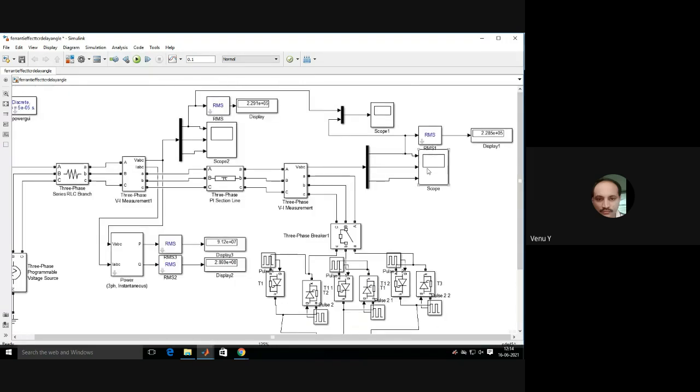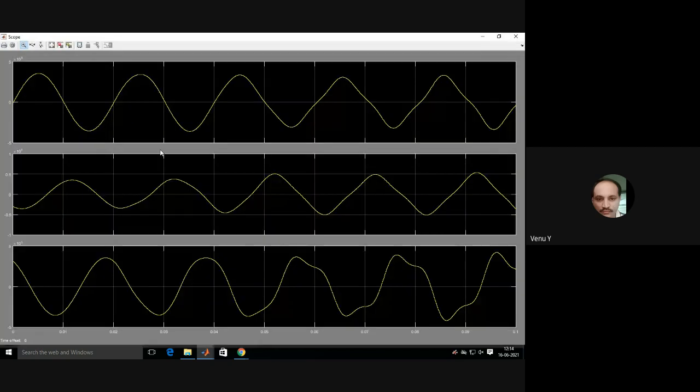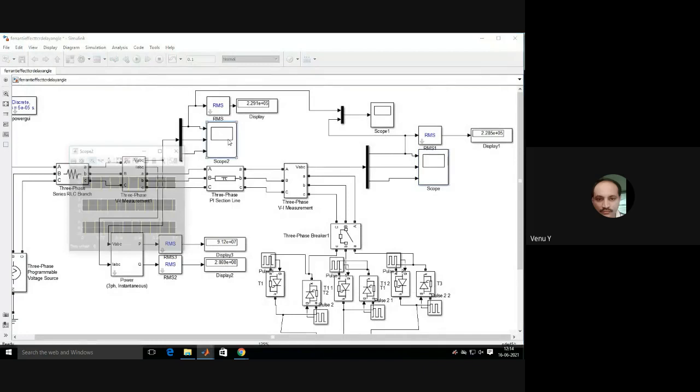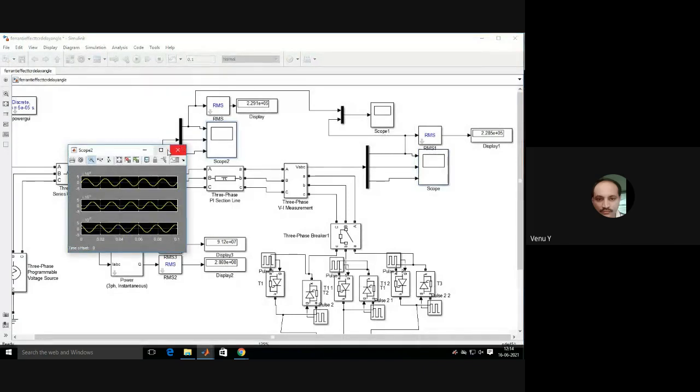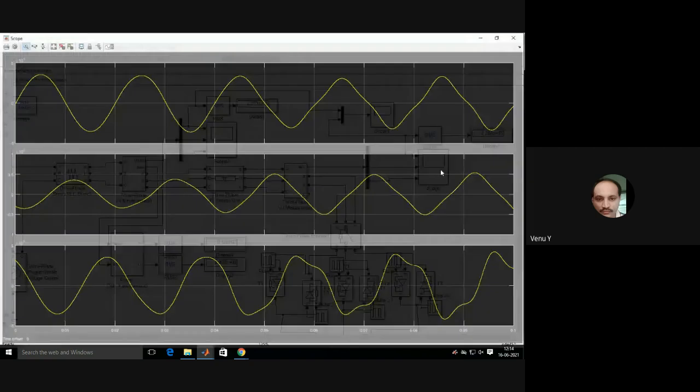Okay, let us look at the waveforms. These are the waveforms, receiving end voltage and sending end voltage waveforms. Okay, at the receiving end we have harmonics.